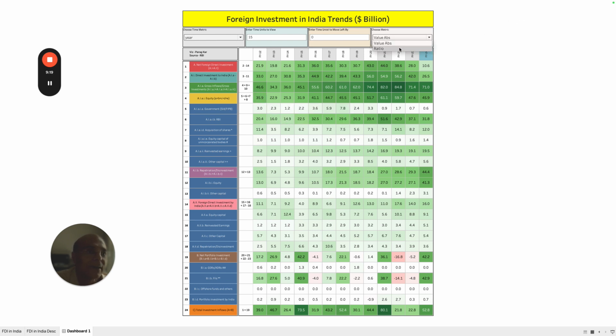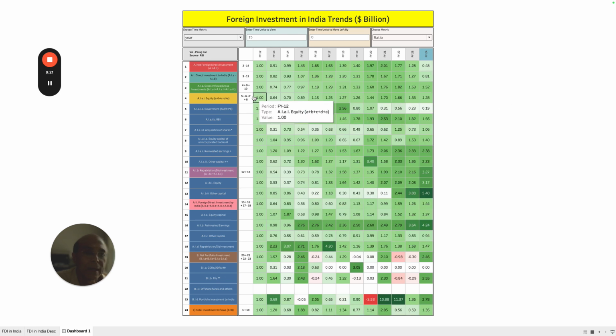Now, if I take the ratio, this number has increased to only 1.28 times what we saw in FY12. There was a significant increase in FY21, and thereafter the number has decreased. So what is equity investment? Equity investment is investing directly into the shares of a company, more than 10%, and for a long period of time, not in the stock market. So that's the equity investment.